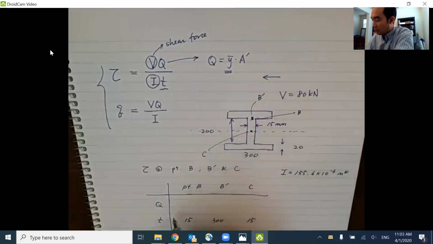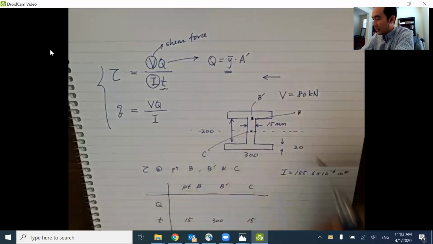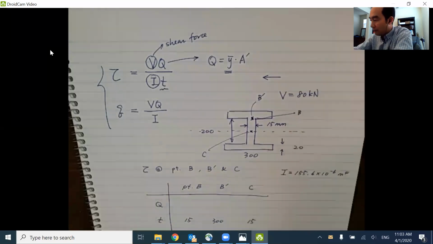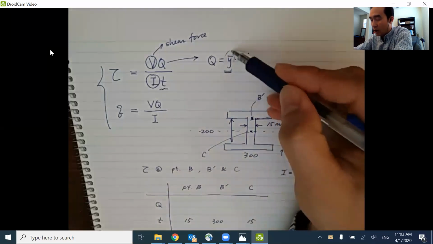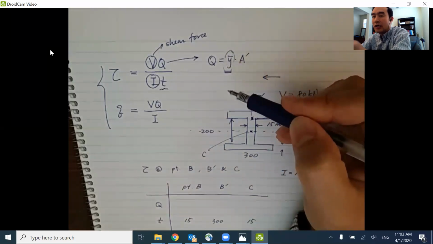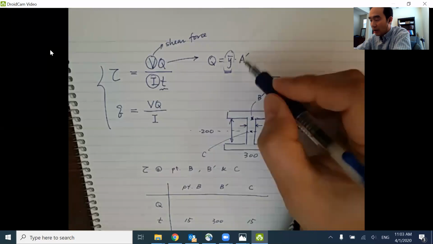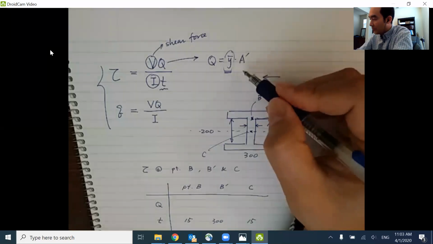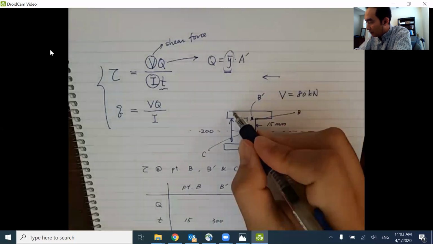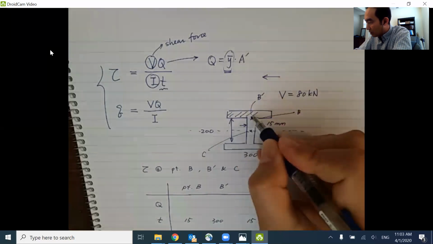Now let's talk about Q calculation. Q, I said, is a first moment of area. So we have to find out Y bar, which is the distance from the neutral axis of the entire section to the center of the corresponding area A prime. Okay, so for both B and B prime, this is going to be the area that we're going to talk about.